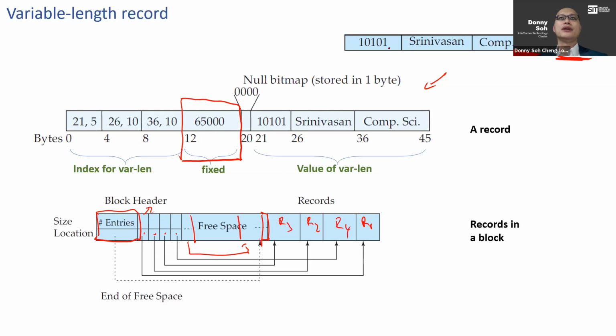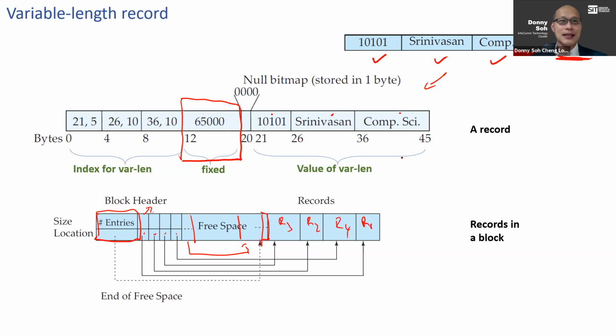I have three attributes that are of variable lengths. They are all of variable lengths, and they are just stored as required. Because they are variable lengths, we don't know how much memory they will take, so they are just stored as per required.